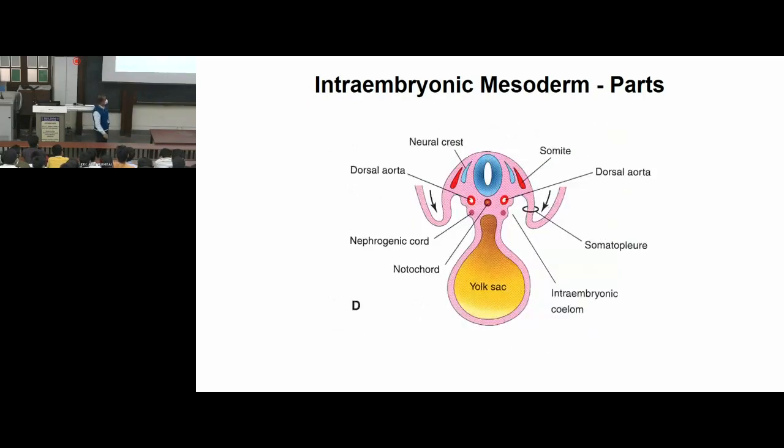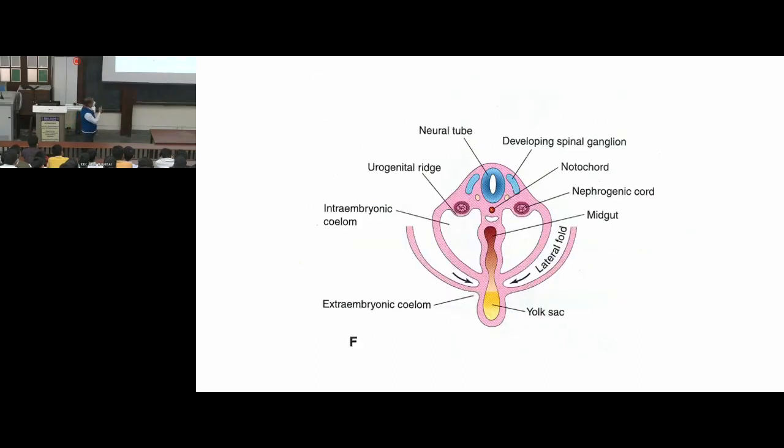And then of course they fuse, folding occurs, etc. And then finally, in the intermediate mesoderm, the cells get reorganized to form what is called the nephrogenic cord, which is the first structure that will give rise to the future kidney.